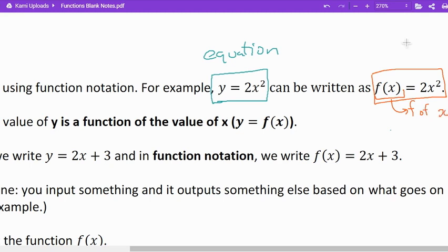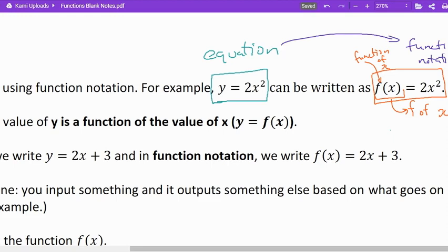So a function of x, the f stands for function. So what we're saying is this is a function of x. When you write an equation using f of x, we call this function notation. It means the same thing, but now you're taking an equation and writing it as a function.